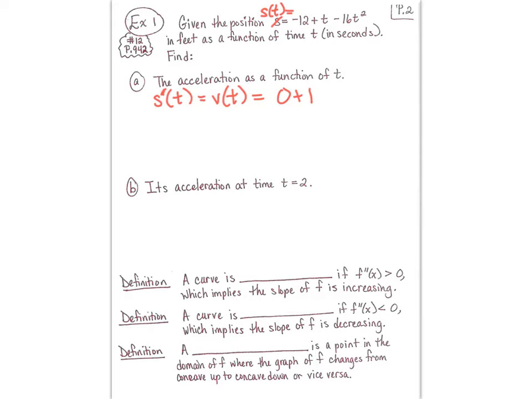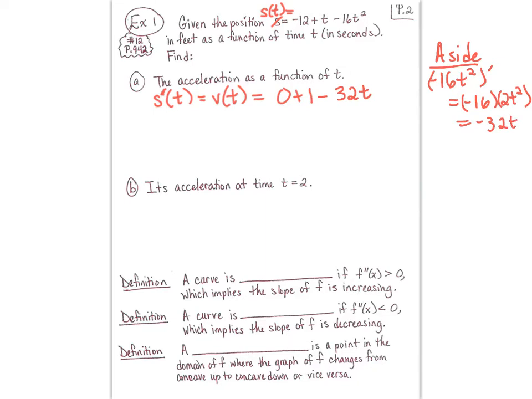So that would give you minus 32t. An aside, make sure you're comfortable with derivatives right now. I'm just writing this out because some of you might have the question, where did that come from? So the derivative of this is equal to negative 16 times 2t, which is negative 32t.